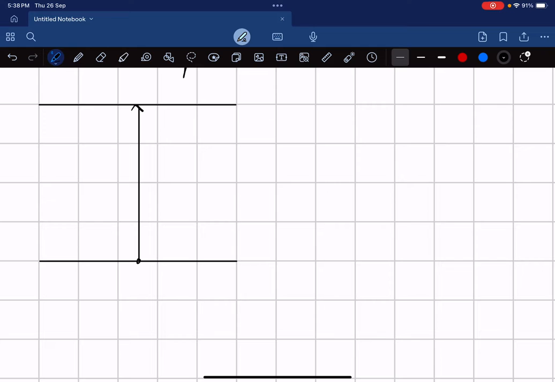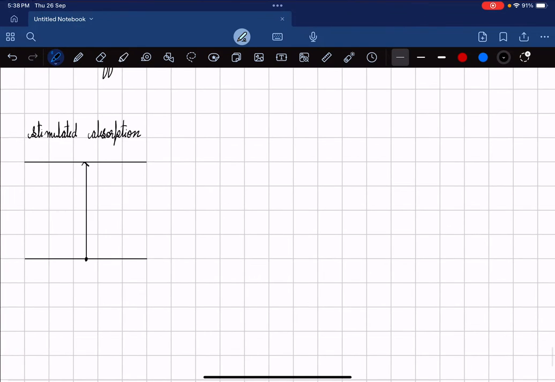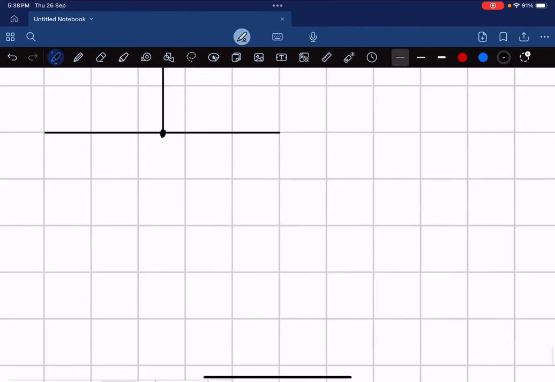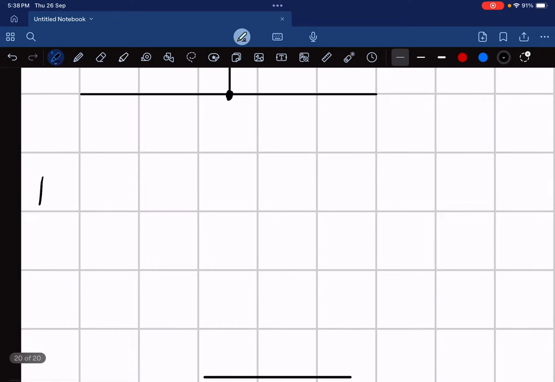It's going from the lower level to the upper level, and the rate of absorption here would be, I will get back to this later in explaining this, so please just note this down for now.